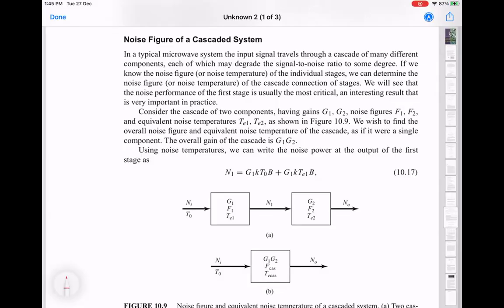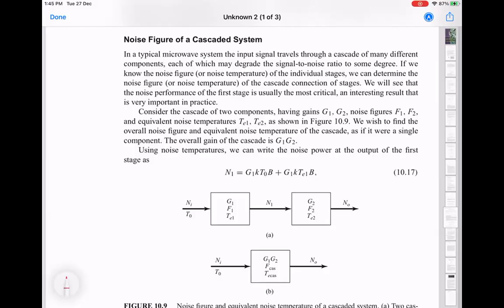So what it's telling you is that when you have two amplifiers cascaded like this, the noise temperature of the final combined amplifier is mostly the noise temperature of the first amplifier.